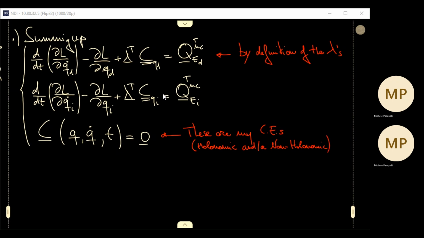Well, you can see that now I can use the partition in the reverse form. If I rewrite, you see, the first and the second equation are formally identical, apart from the d and I subscript. So if I rewrite everything back in the Q, I can get only one equation. Okay? So let's rewrite it.